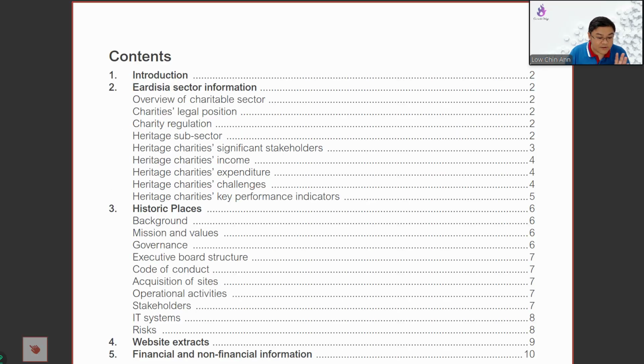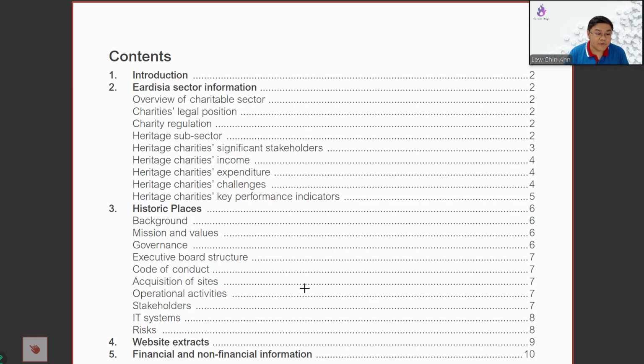Okay, let's just not talk too much. Let's just go right in. This time the question is interesting because it's not on a profit-making company, but it's on a charity. So the focus might be a little bit different, especially in terms of the governance.